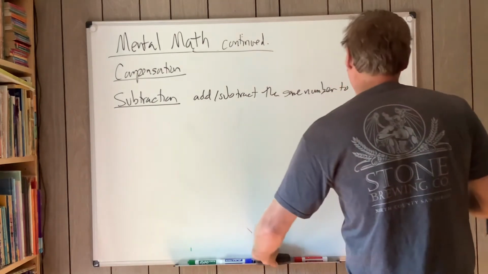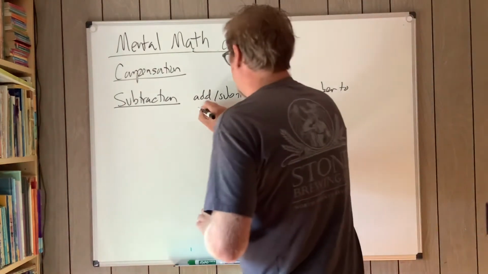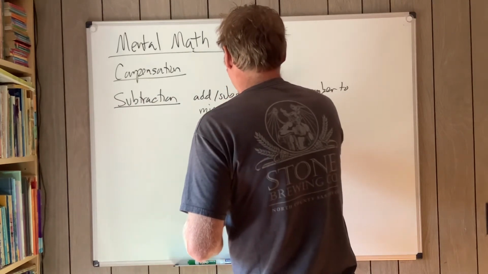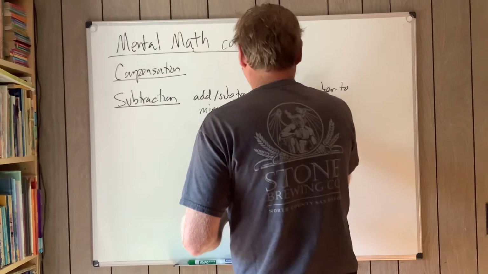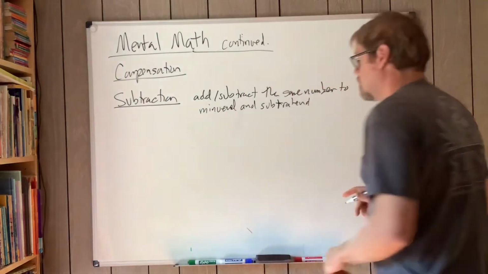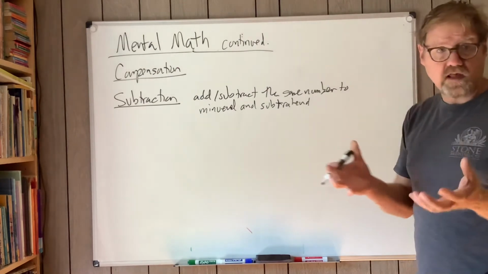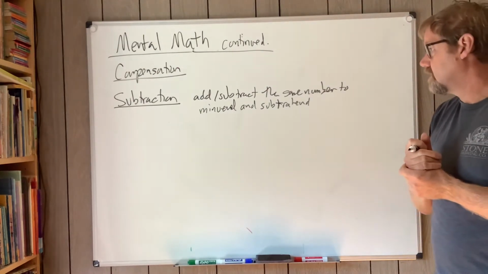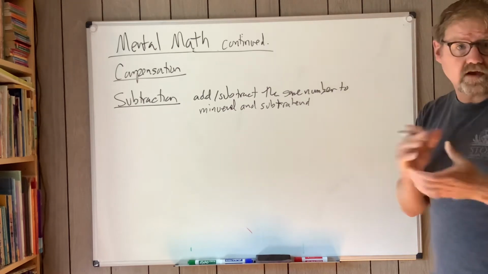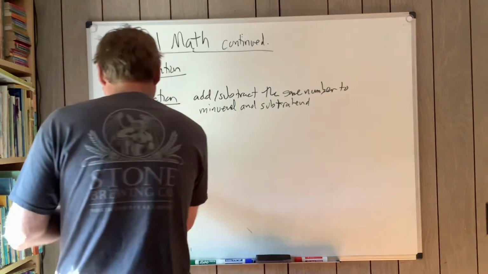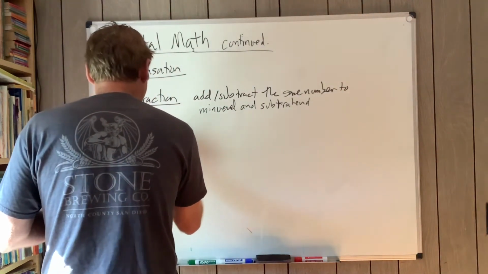Here it applies to the minuend and subtrahend. All we're going to do, I think an example is a better illustration, is do the same thing to both. So let me start easy. Say 47 minus 13.